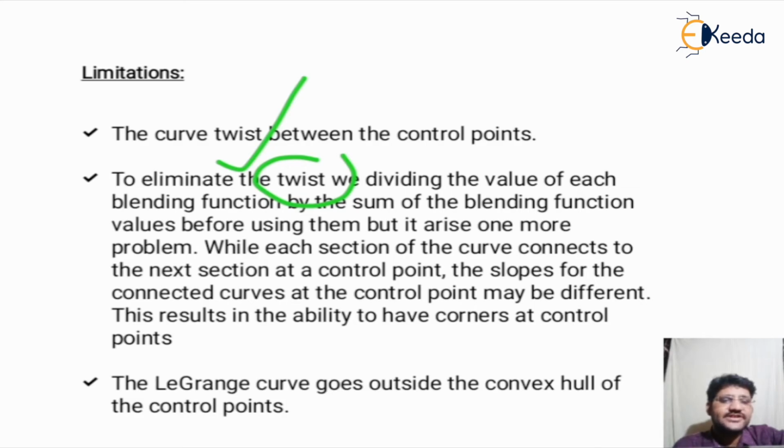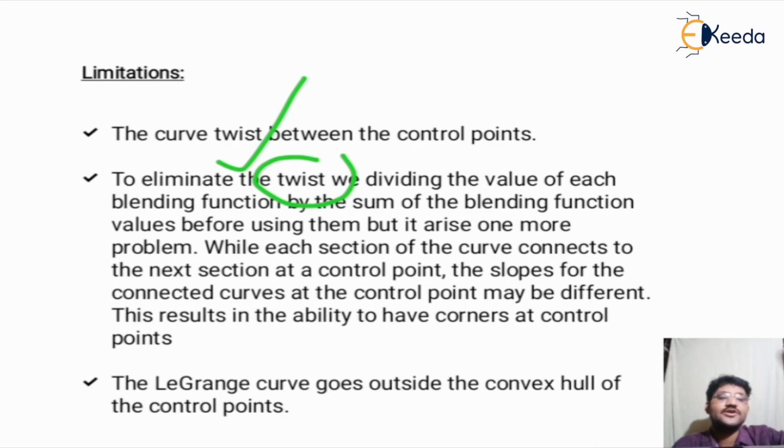While each section of the curve connects to the next section at a control point, the slopes of the connected curves at the control point may be different. Due to this, it can result in corners at control points.